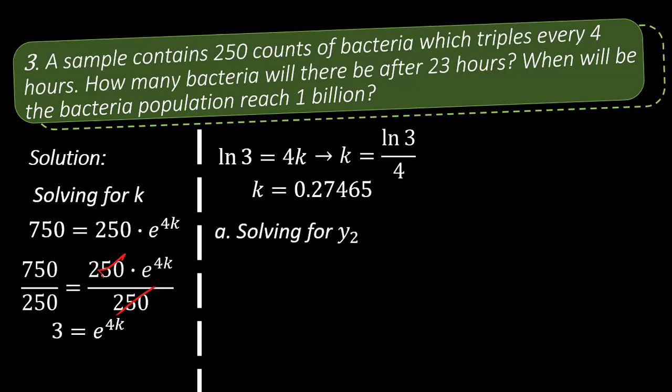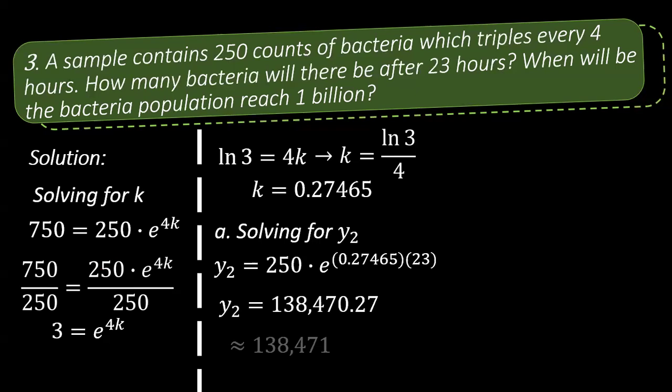So let's solve first for y sub 2. Our y sub 2 is 250 times e raised to 0.27465 times 23 because we are solving for the number of bacteria after 23 hours. Using your calculator, you should get approximately 138,471.